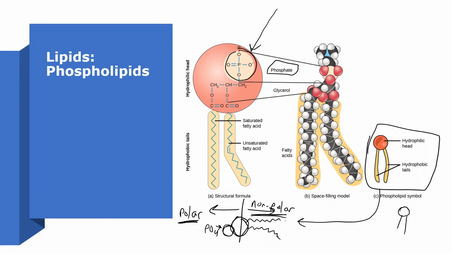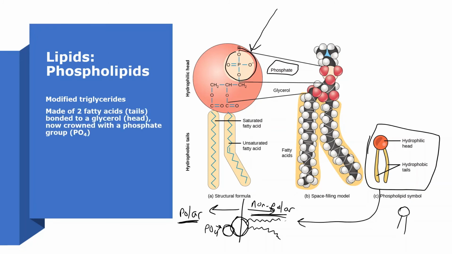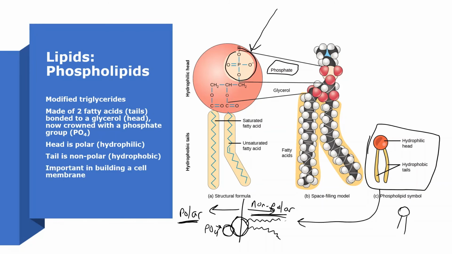So a few different ways of drawing a phospholipid here, and we'll definitely need these modified triglycerides when we start building cell membranes. So interesting chemistry to these. We will definitely be talking about phospholipids, probably more than any other type of lipid in further discussions.